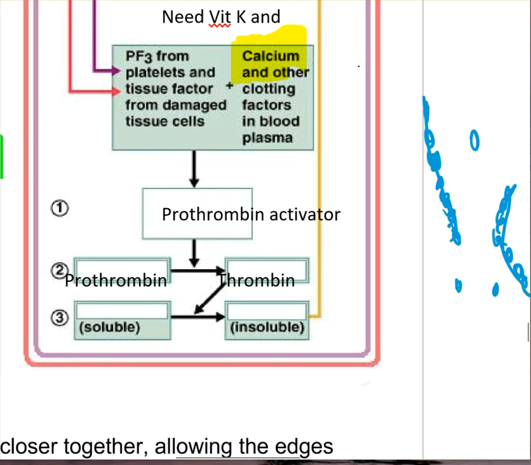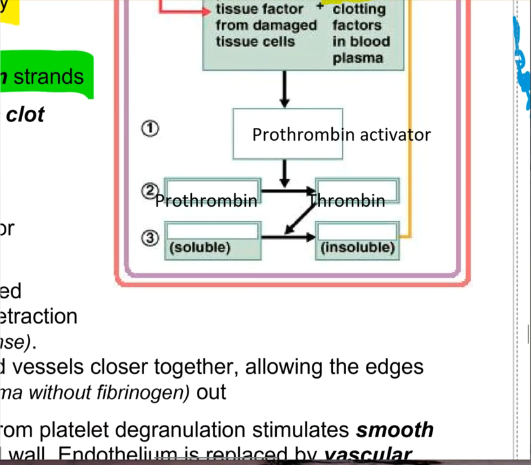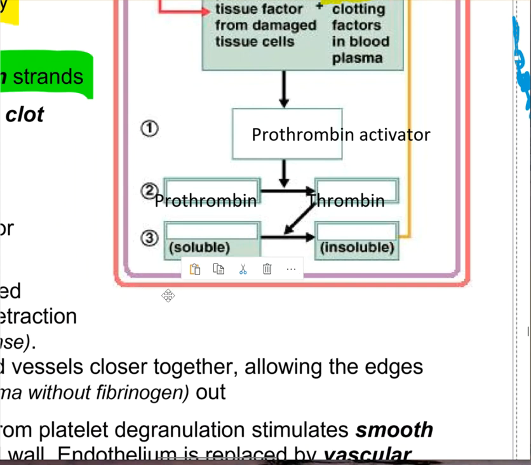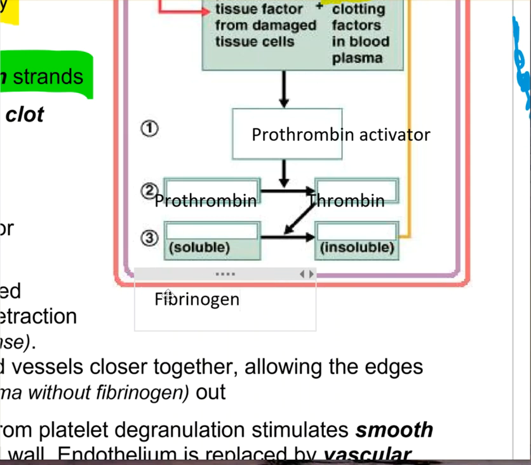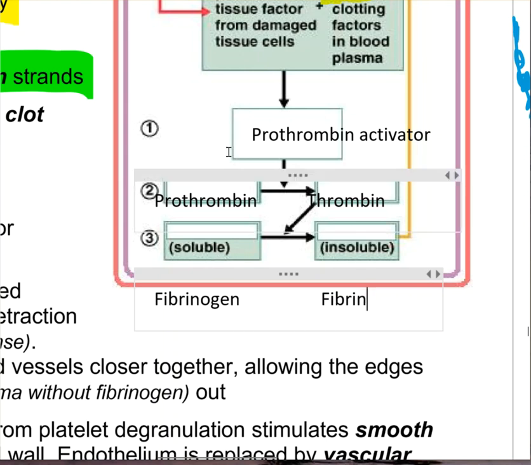Those fibers we wouldn't want floating around in our normal blood, because they could cause clots when we wouldn't want them. But we definitely want them when we are in trouble and we need to clot our blood. So fibrinogen, which is soluble, meaning floating around in solution, becomes insoluble and now becomes fibrin fibers.